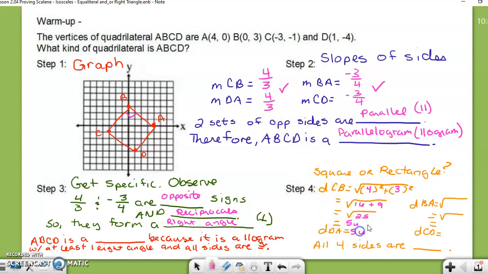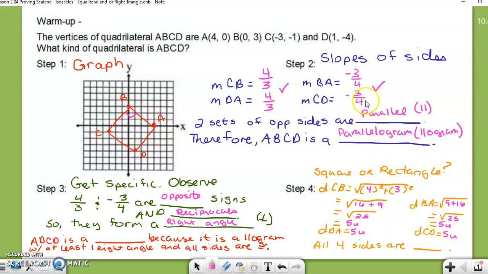So that's 5 units. Well, when I look at BA, it's a -3 and a +4. So -3 squared is going to be 9. +4 squared is 16. So it is 5 units. And I know that CD, that has the same slope values, it's also 5 units.